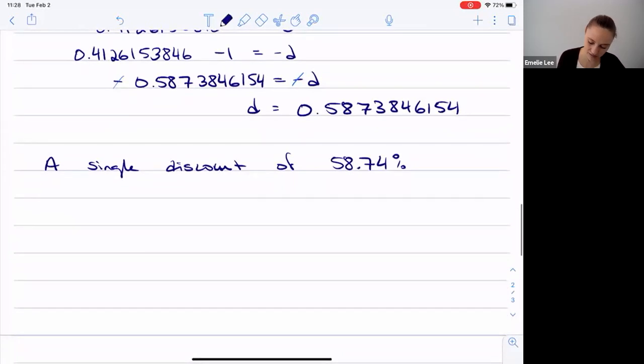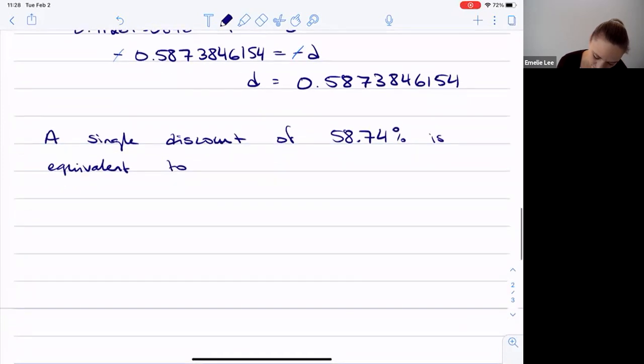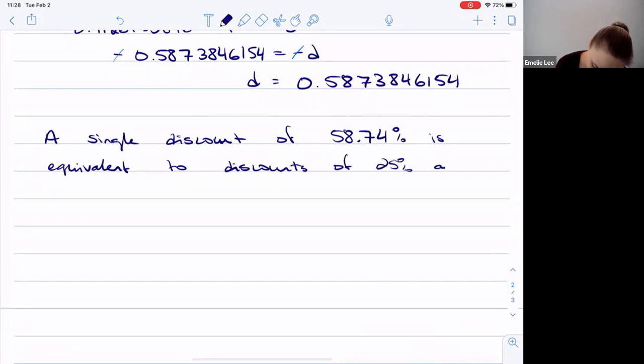So a single discount of 58.74% is equivalent to discounts of 25% and 45%.